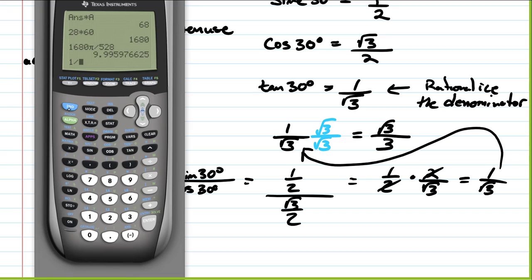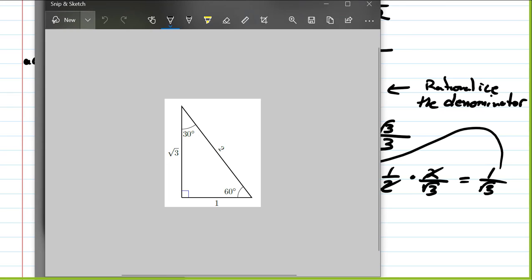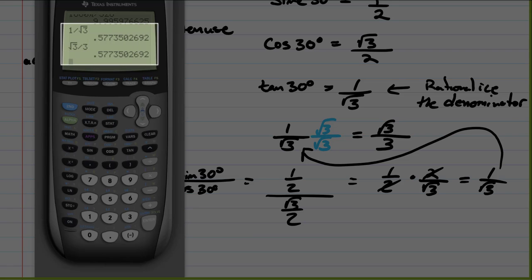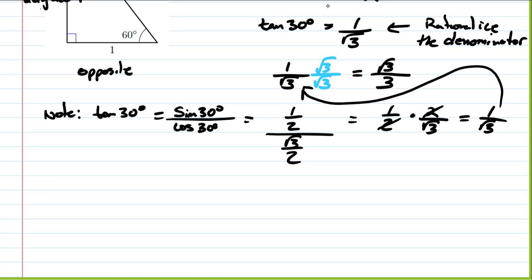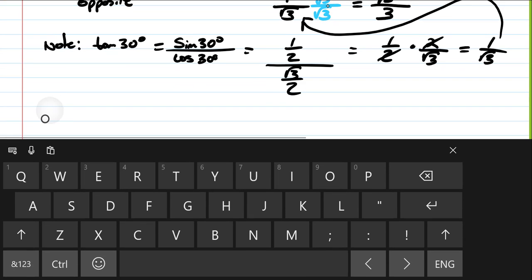If I take 1 divided by the square root of 3, I get that number. And if I take the square root of 3 over 3, I get the same decimal approximation when I divide it this way. So rationalizing the denominator is like having good grammar in mathematics.